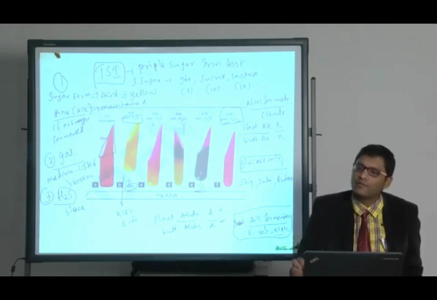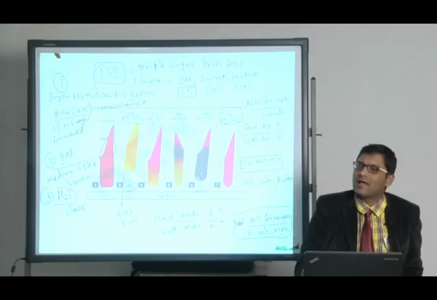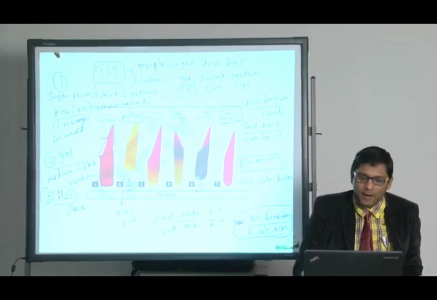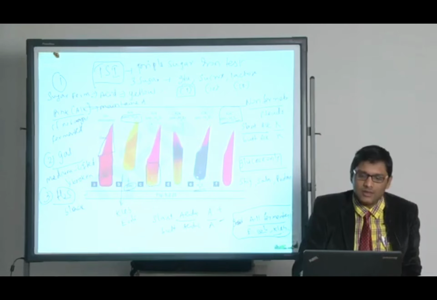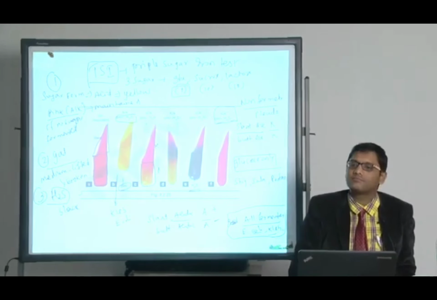Then comes glucose only fermenter. Glucose is more in amount or less in amount? They are very less in amount. So, only the butt will be acidic, only the butt will be yellowish, slant will be alkaline, because only glucose is fermented.